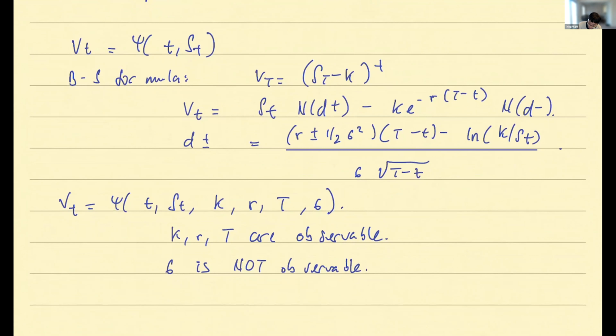Then basically you have a function that maps all these parameters to a value. So all you want to look at is a function that maps, let's say, 6 values to a single value, which is the price.